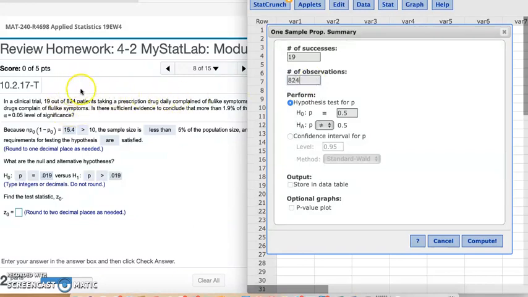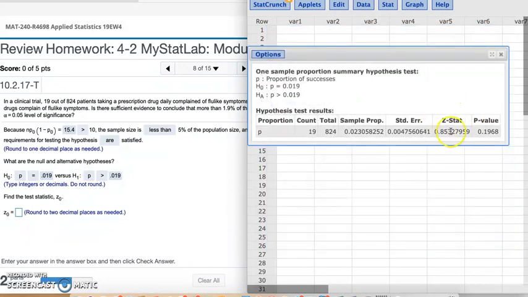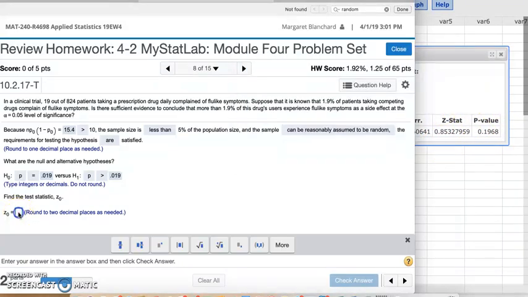We're doing a hypothesis test, which is already checked for us. Our p naught is 0.019, and our alternative is that it's greater than 0.019. Click compute. That gives us both our test statistic and our p-value. It says to round to 2 decimal places, which gives us 0.85.